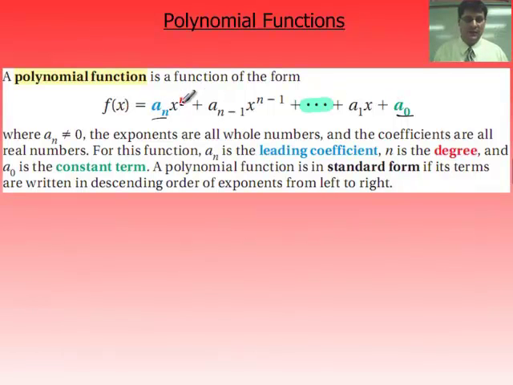Hence, if n is 5, then this would be 5 minus 1, which would be 4. So it would look something like this.